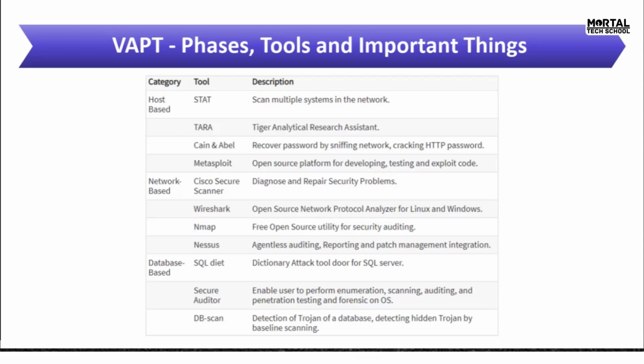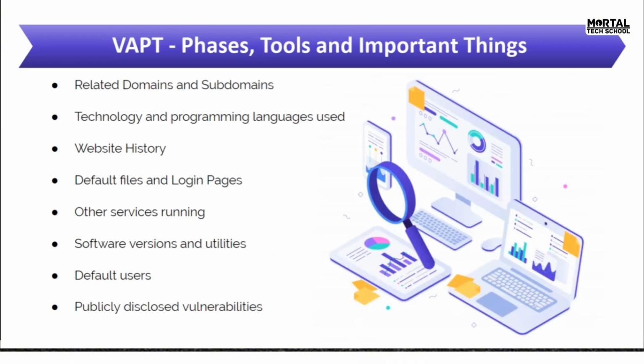So, Cain and Abel, Metasploit, which is an open source framework, Cisco Scanner, Wireshark, Nmap, Nessus, SQLDict, SQLMap, Database Scan, Acunetix are the tools. In our course, we'll be using Metasploitable, then Wireshark, then Nmap, Nessus, MySQL, and other scanners.